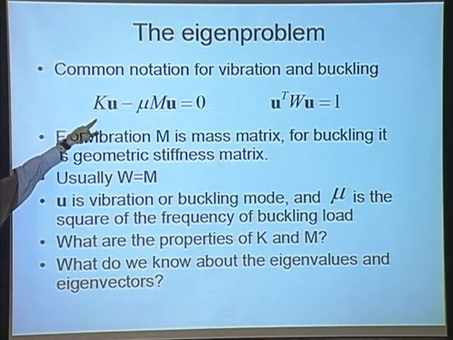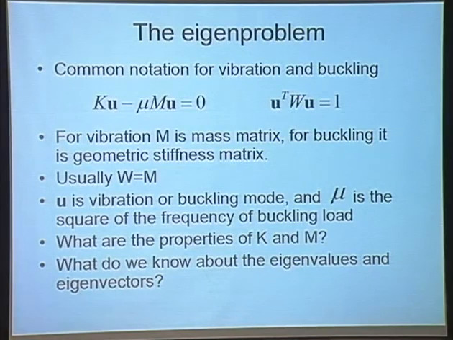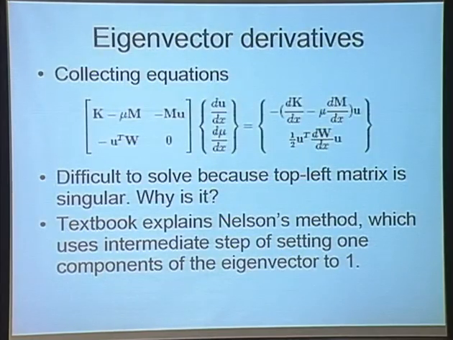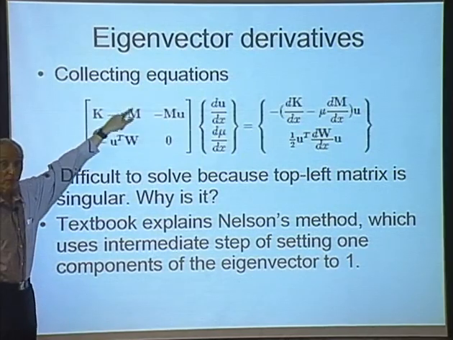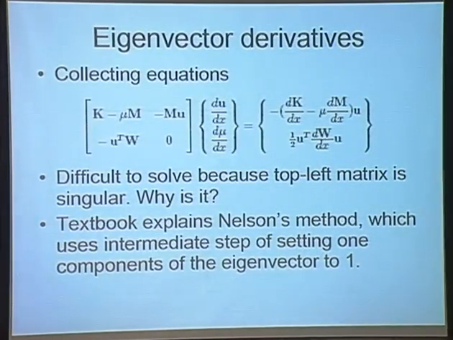We find mu from the condition that the determinant of this equation is equal to 0, which means that the mu that we find would make the determinant equal to 0. Which would mean that this part of the matrix has a 0 determinant, or it's singular.